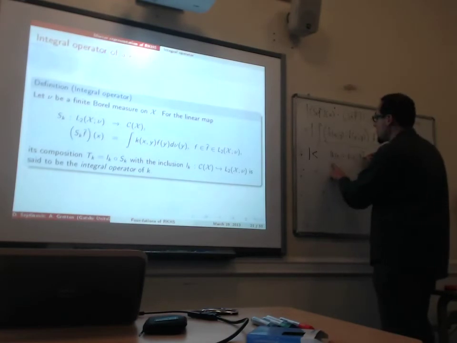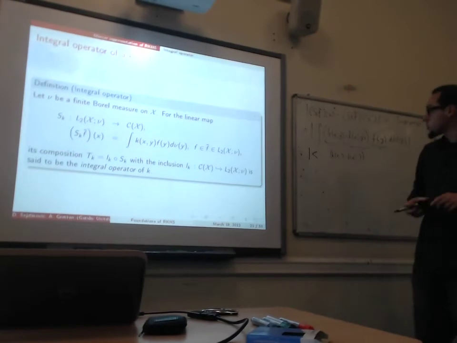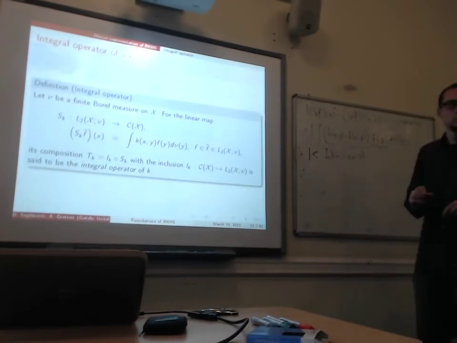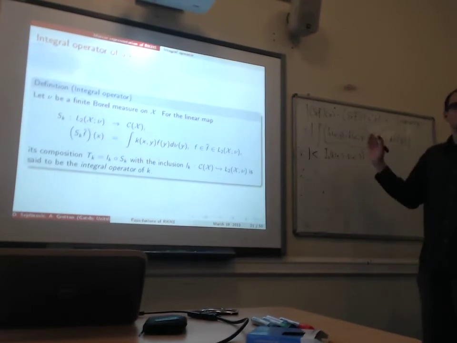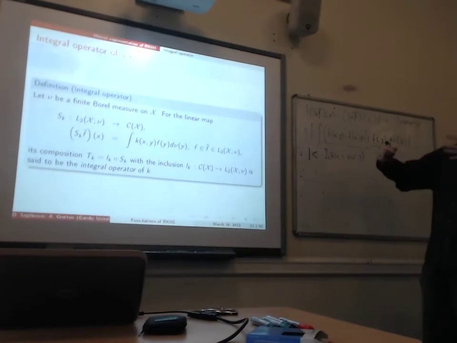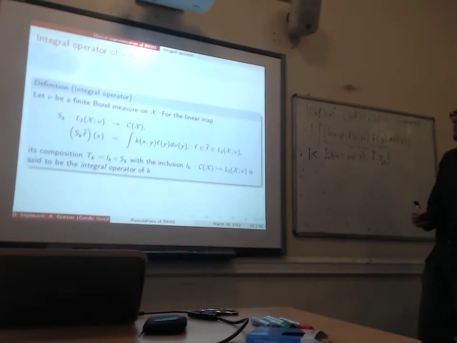So I know that that's a continuous function because I assume that my kernel is a continuous function. So I can include that in L2. So that's now something in L2. And I can take the inner product of that with something else in L2. And something else in L2 is F tilde. Okay?